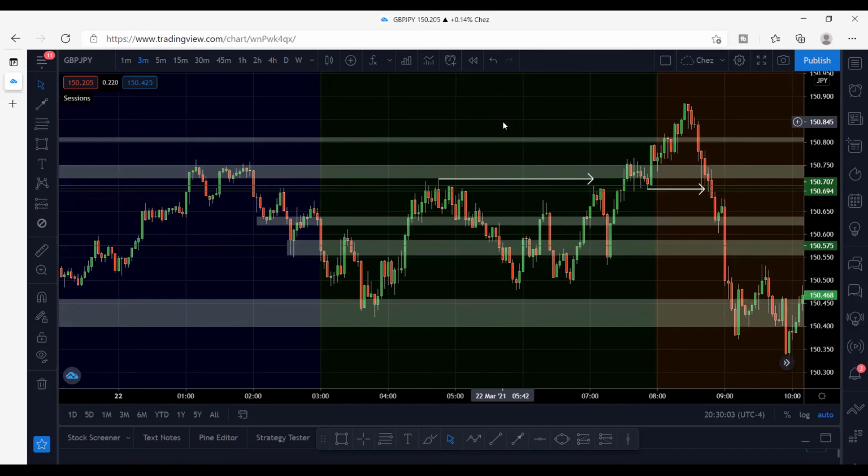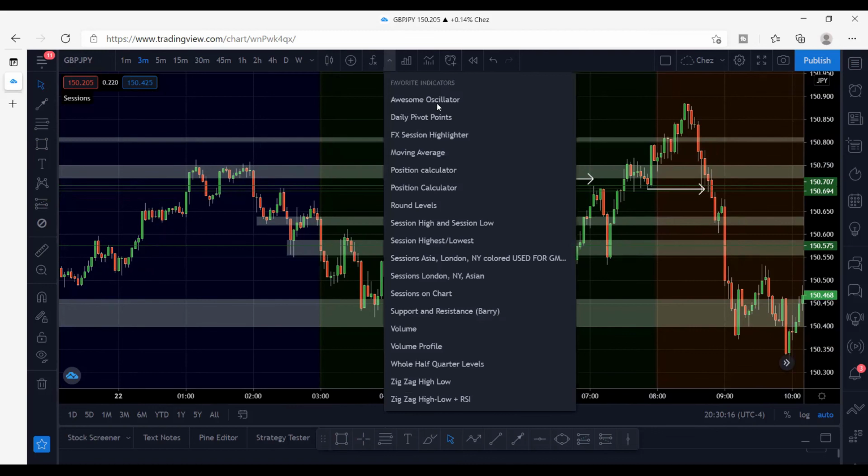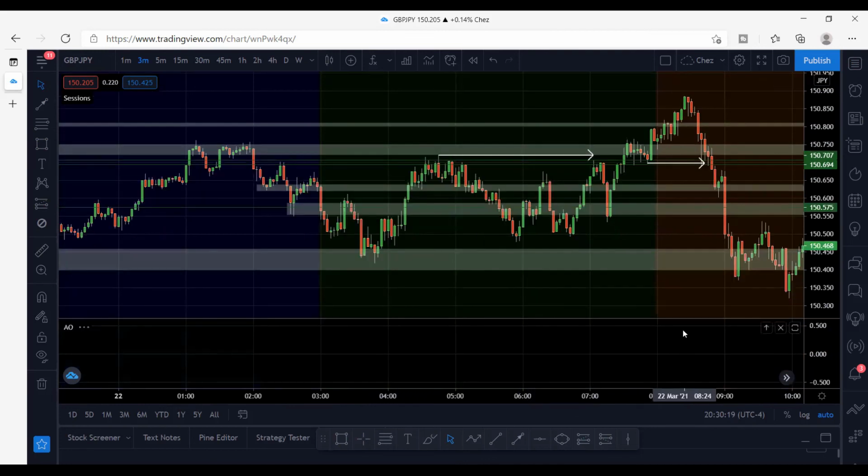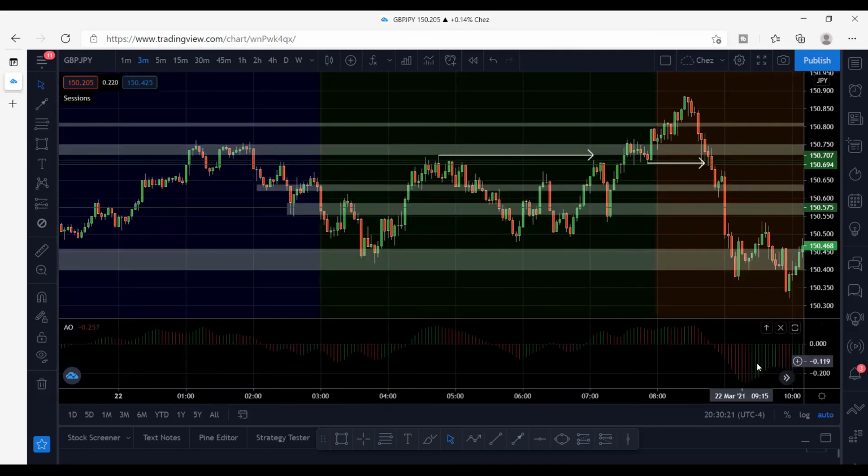Okay, so this here would be some sort of divergence. Let's look and see. Let me look for the awesome oscillator. Okay, so we have the low here. That's the divergence that you were talking about.